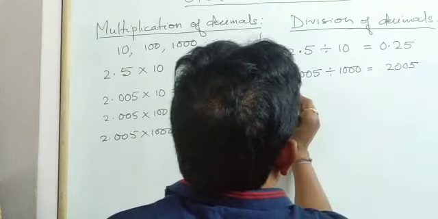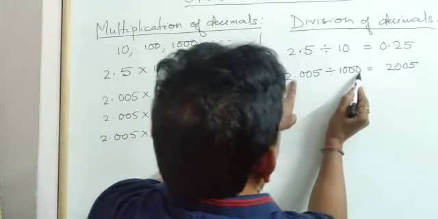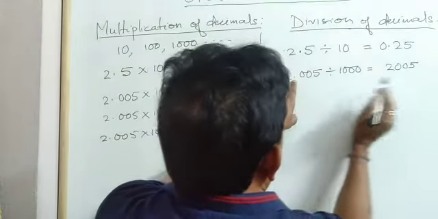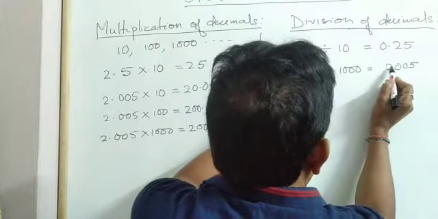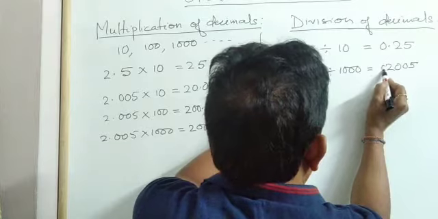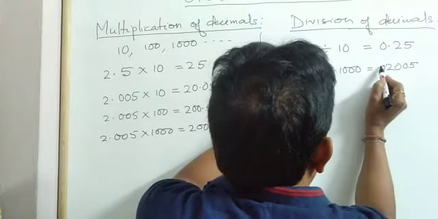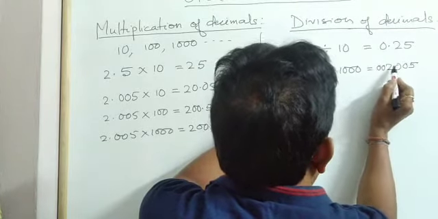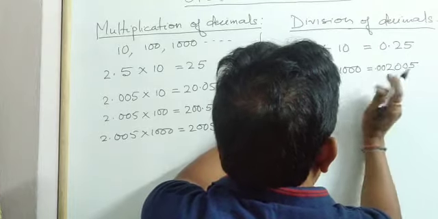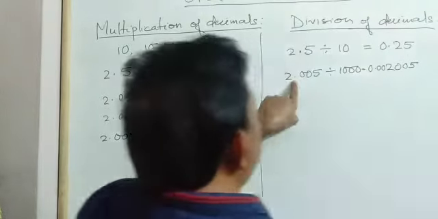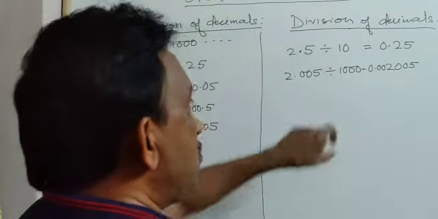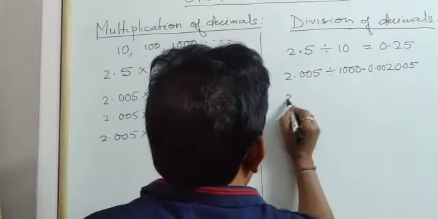Now the decimal was here, it will move 3 digits to the left, 1, 2, 3. There are no digits here, so we'll put 0s to equalize the count, 1, 2, 3. So it will be 0.002005.